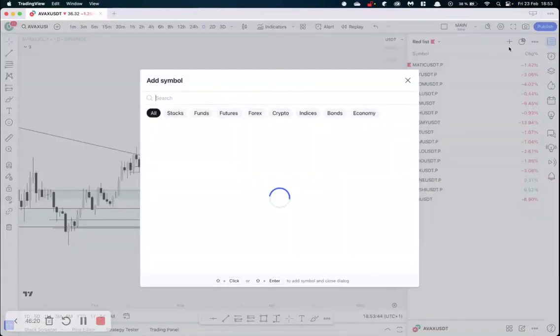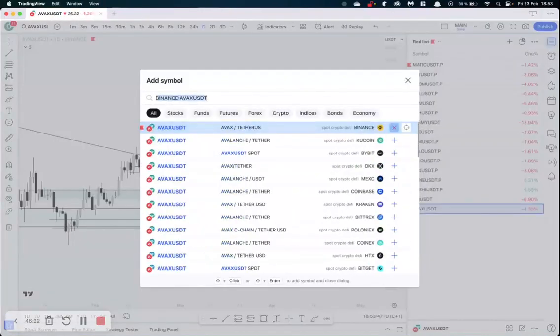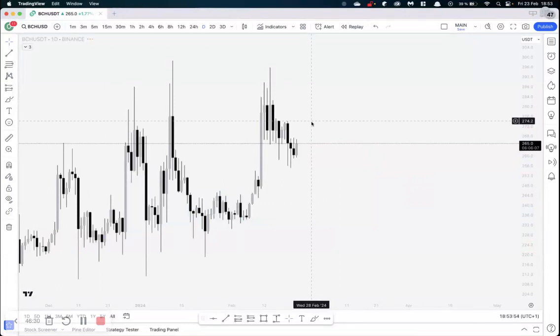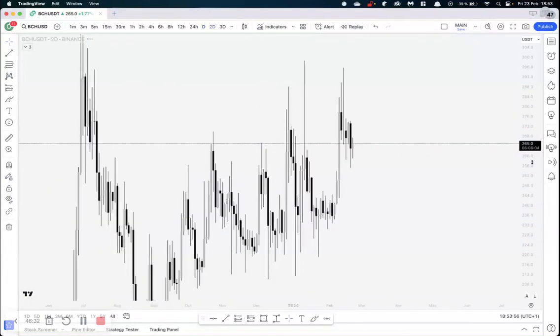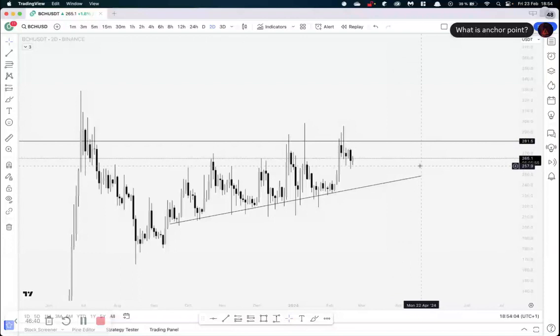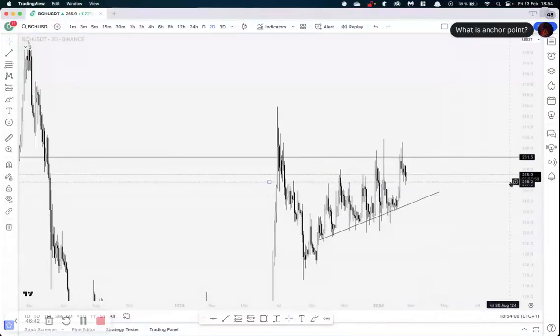Okay, I'll add this because it looks nice. BCH. Looks like a boring coin. I never look at this coin because it's so boring. It's almost like XRP, but slightly better.